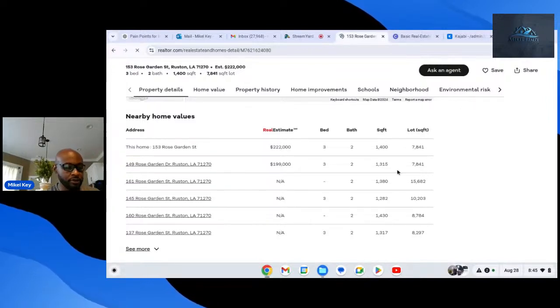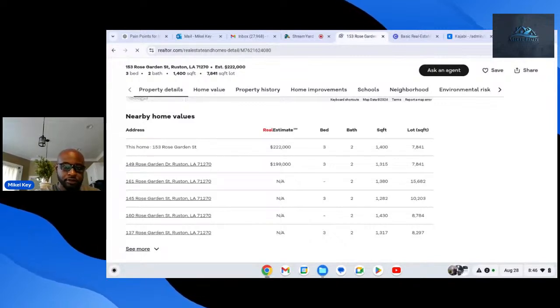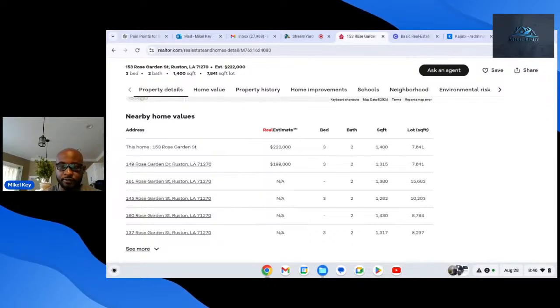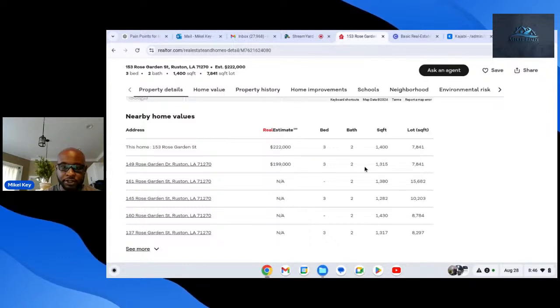If we play around with that number and do some basic math, $199,000 divided by 1,315 is $151 a foot. I want you to understand how I came up with that: I took $199,000 and divided it by the 1,315 square footage number, and that spit out $151 a foot.